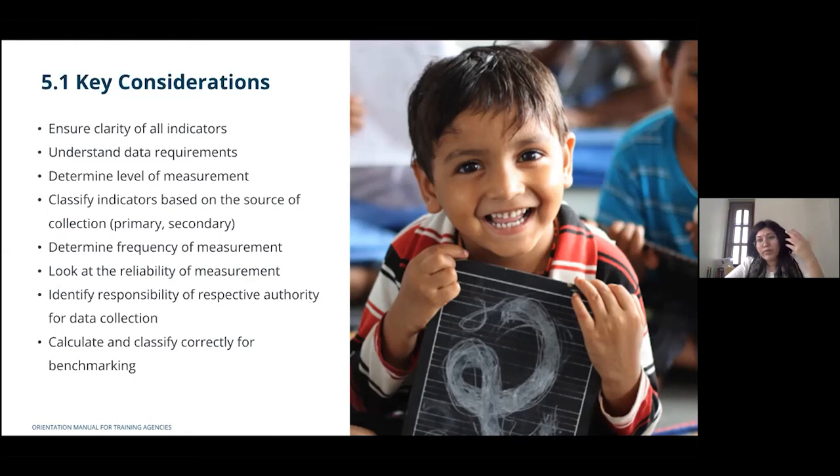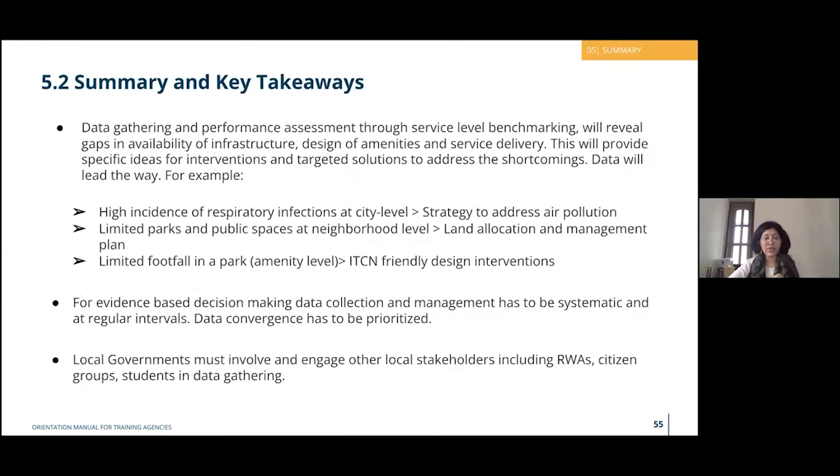Very often, we collect it, and it's also a good practice to assess for each indicator how reliable we think this data is. Who is going to collect this data? If we are using indicators, are they properly classified? Cities will have to take these key considerations into account, right?